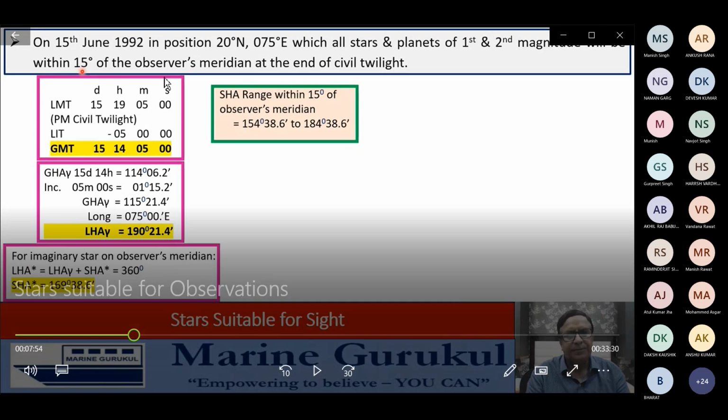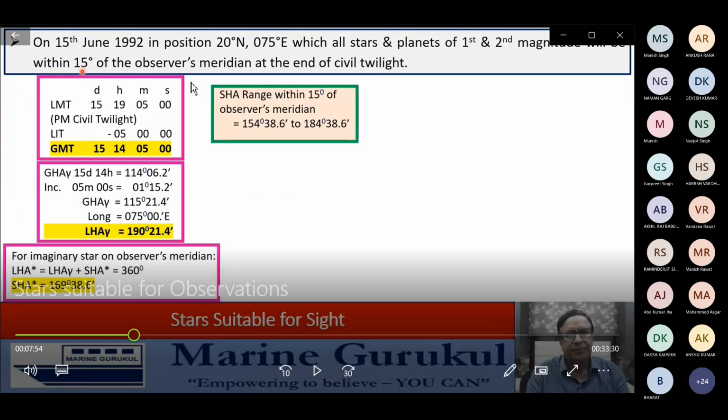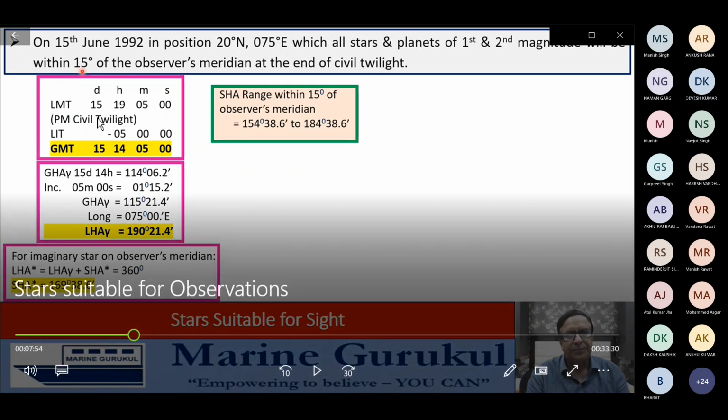The latitude in this question is 20 degrees north. Now tell me, for 20 north, what is the civil twilight time? 1905. Exactly. This is what we have picked up in the first line. Clear, beta?